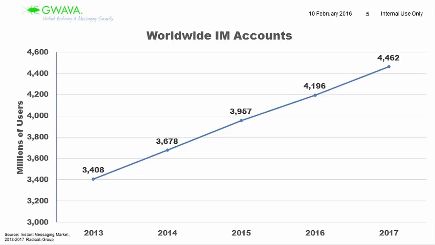And it's similar when it comes to instant messaging. It's just going to continue to grow. So the reason why I bring up these stats and these slides is to let you know that your employees are going to access social media at work whether you allow them to or not. They have ways of getting around what you have in place.